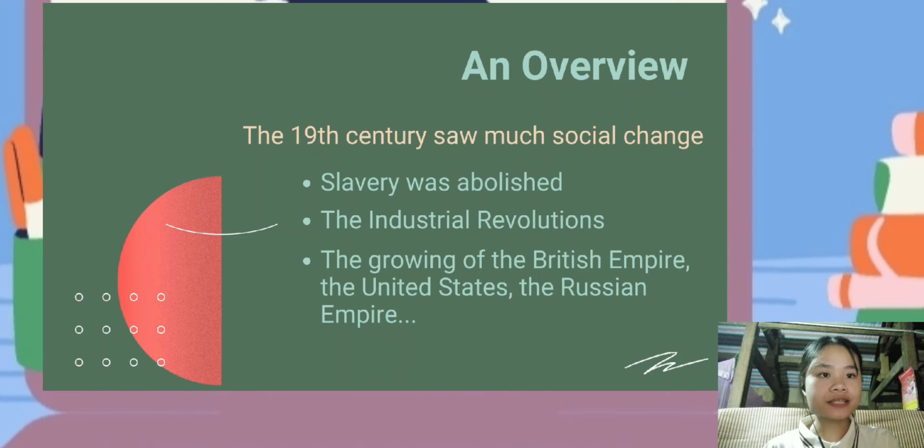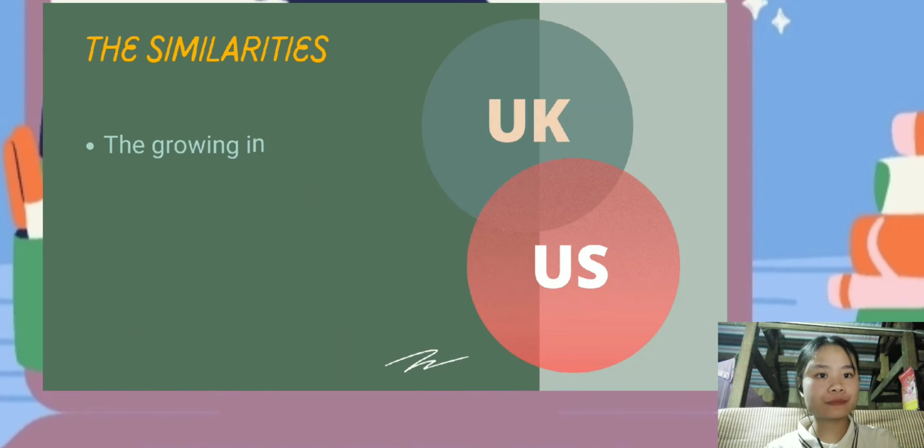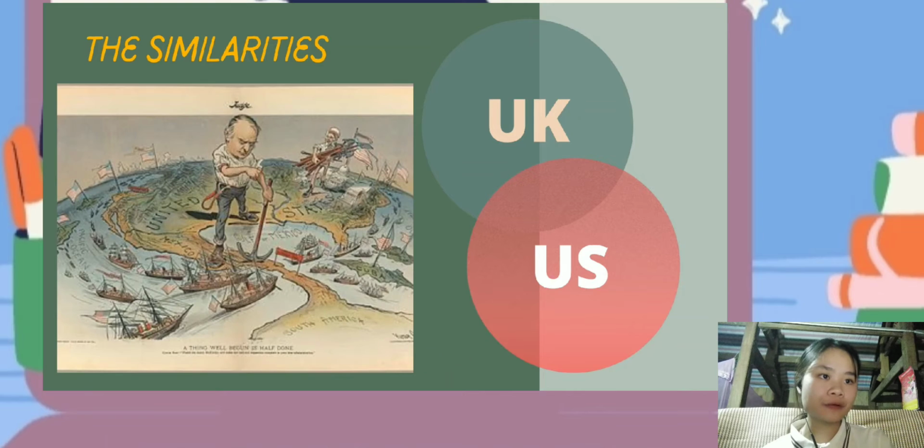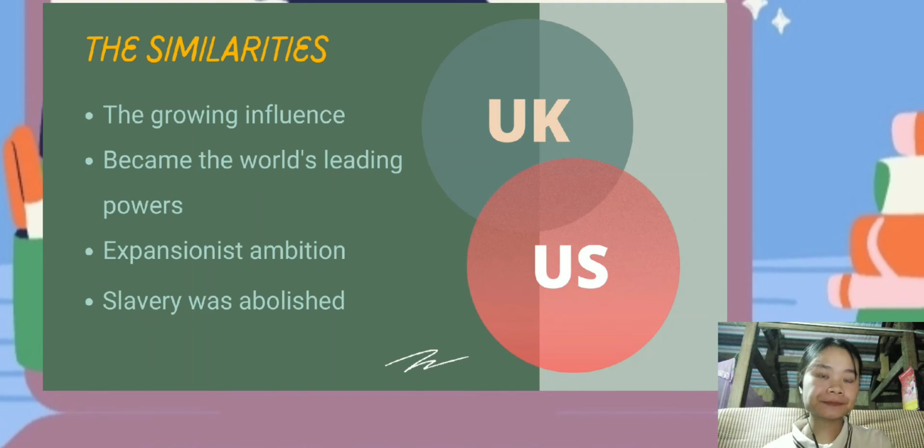My next slide shows the similarities. Both the US and Britain gradually grew their influence all over the world and became the world's leading powers, had a great position in the international arena, and because they were both powerful empires, they always carried the spirit of war and ambition to expand territory.